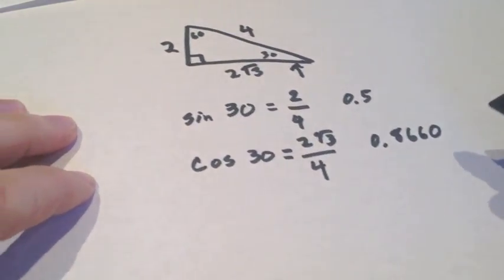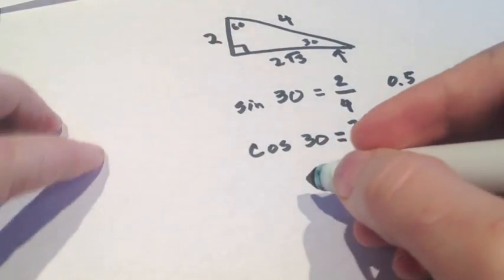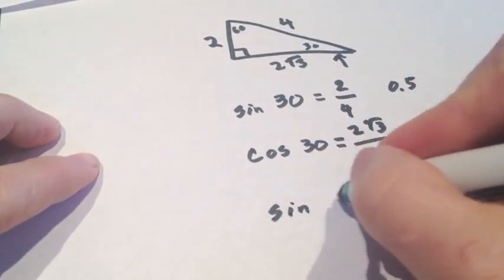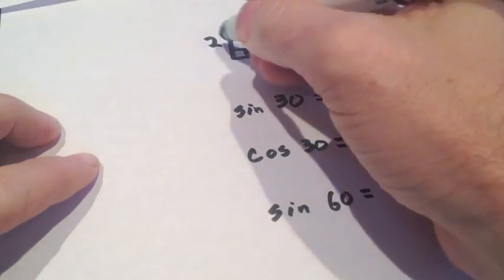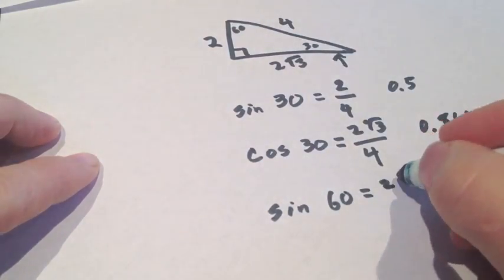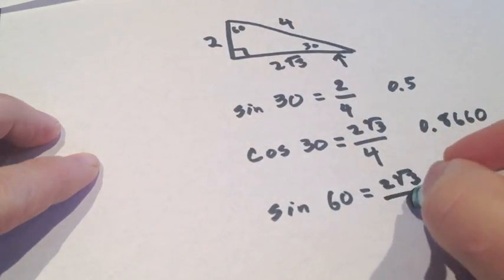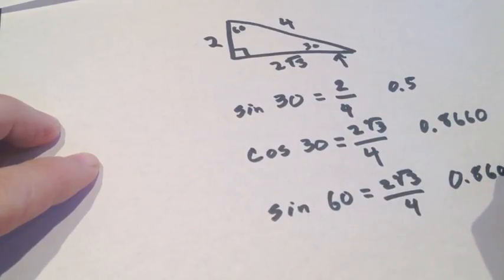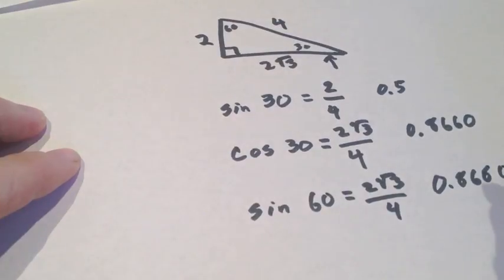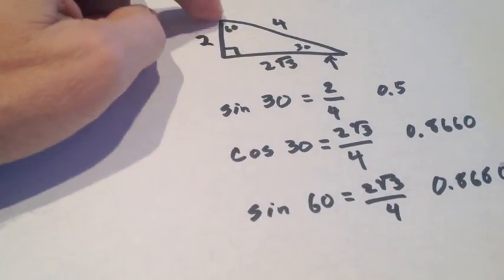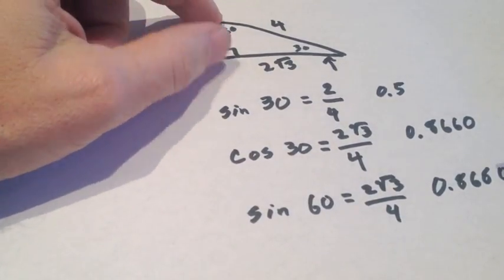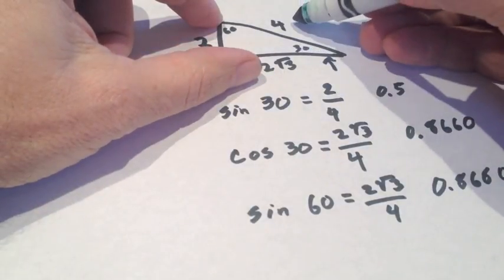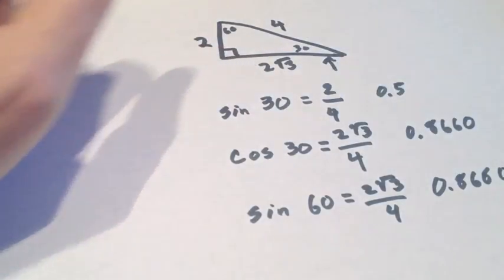What about for 60 degrees? All right, so for 60 degrees, sine of 60 is opposite, 2 root 3 over 4, which once again, oh, that's interesting, same number. So this basically says from this angle, if I want to find this one, I take this and multiply it times 0.8660.